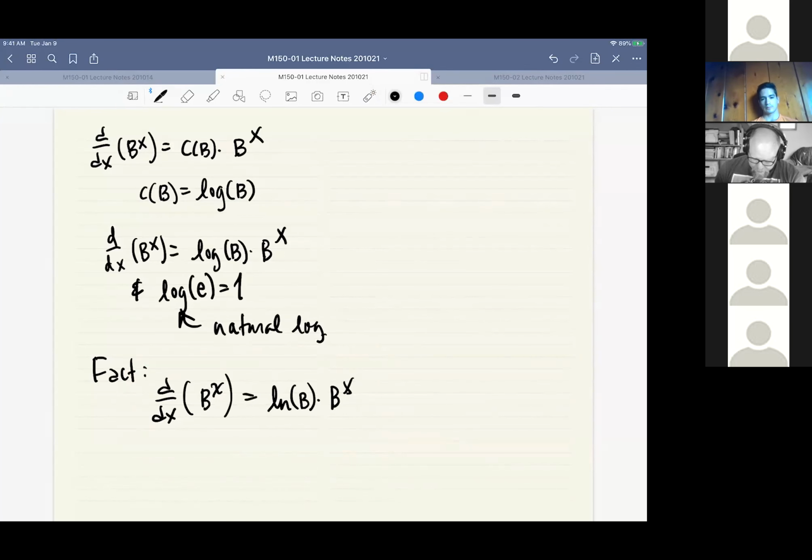And it follows that the derivative of e to the x then is e to the x. So now we know how to differentiate all the trig functions and all exponential functions.